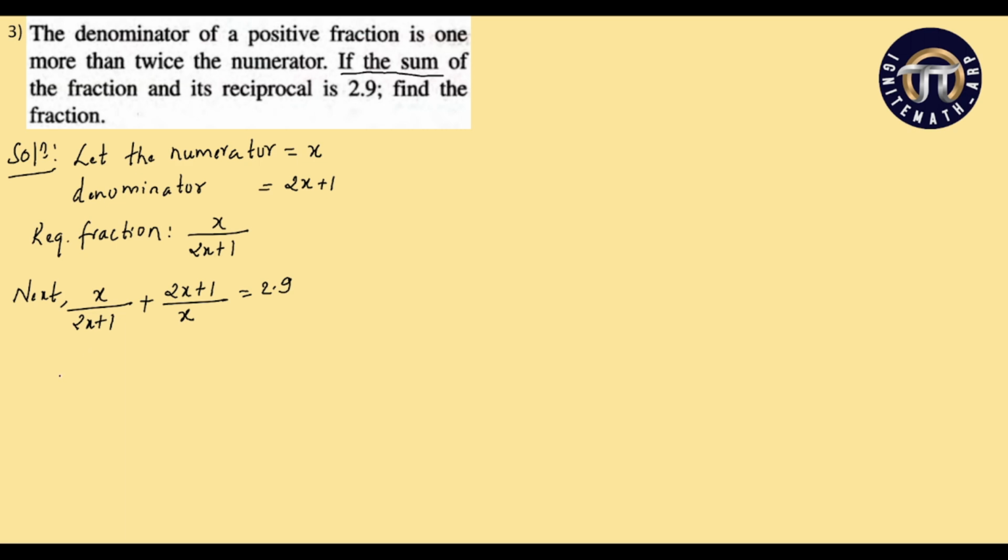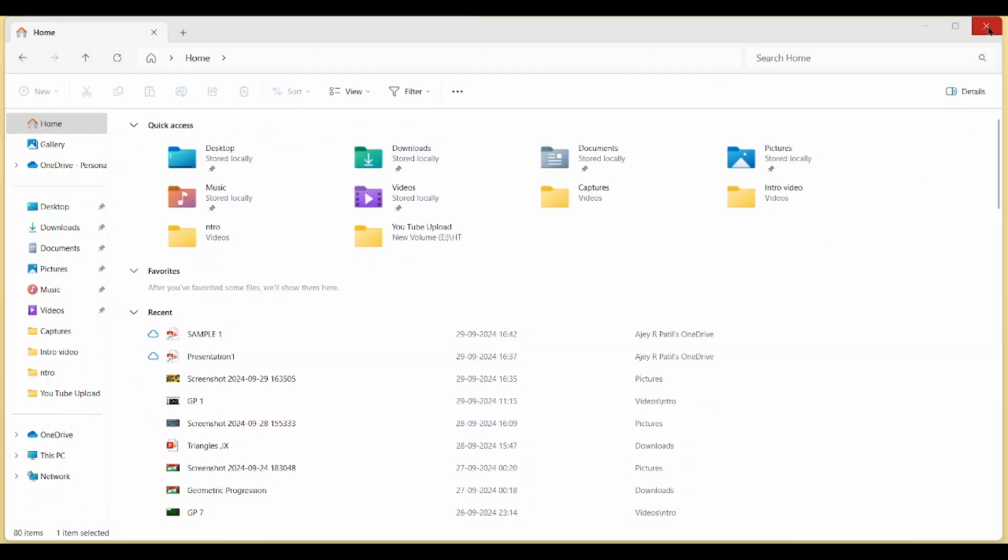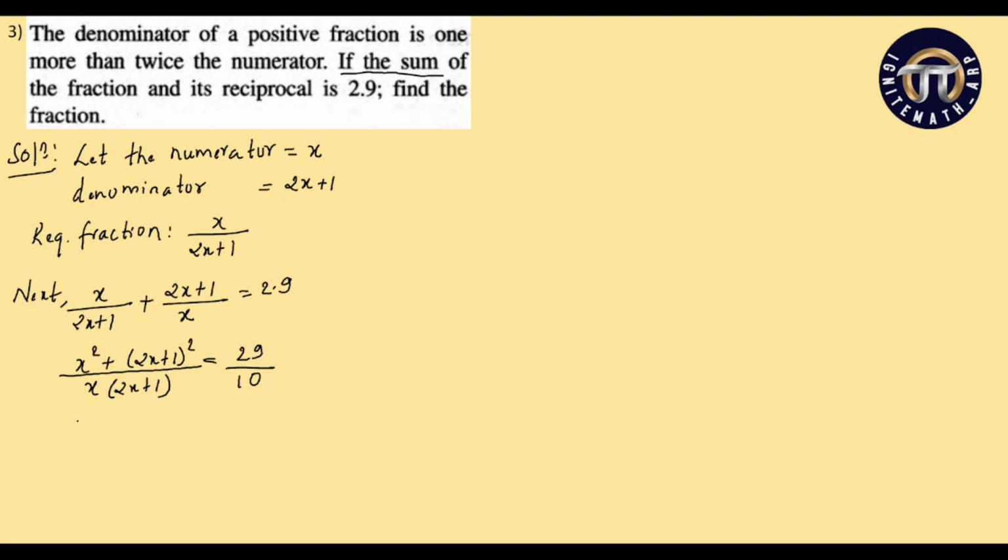So I will take the LCM over here. When I take the LCM, x into 2x plus 1. So this becomes x square plus (2x plus 1) the whole square, which is equal to, I can write this one as 29 by 10. Clear, children? So next I will just write x square plus (2x plus 1) the whole square.